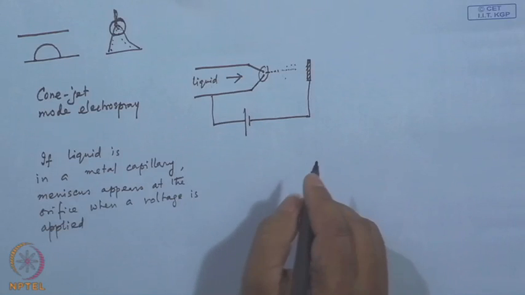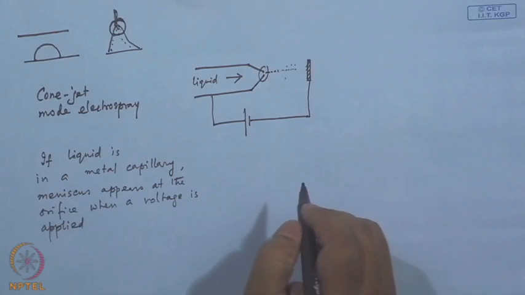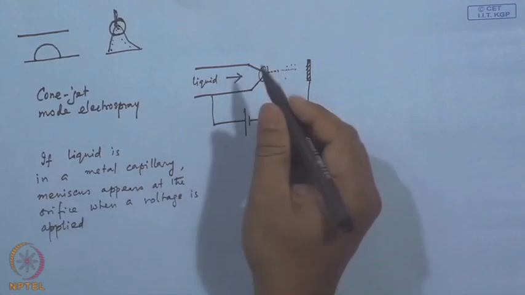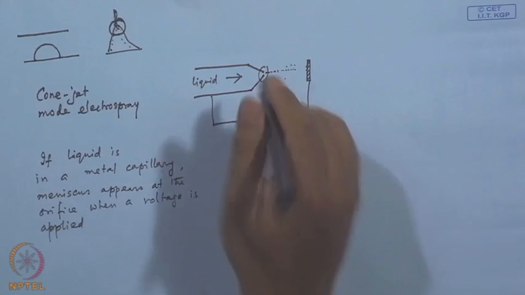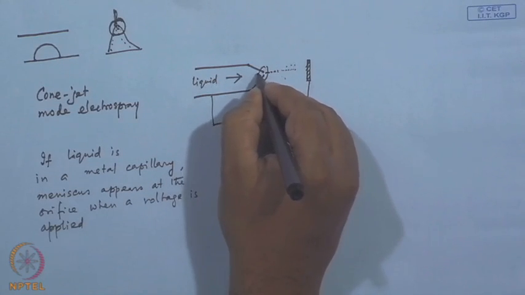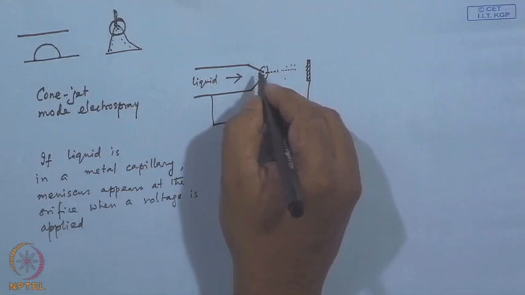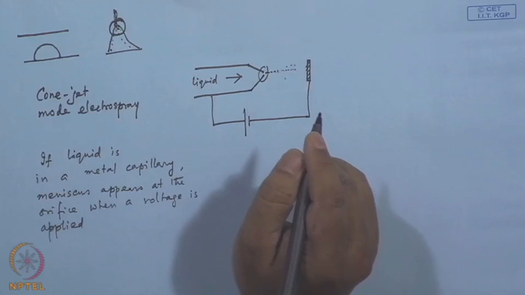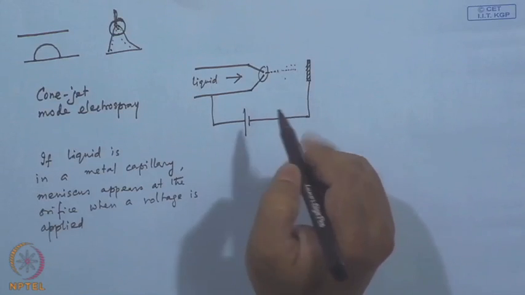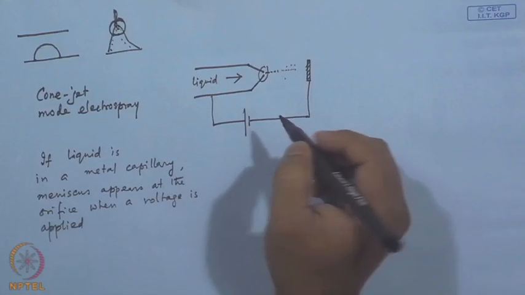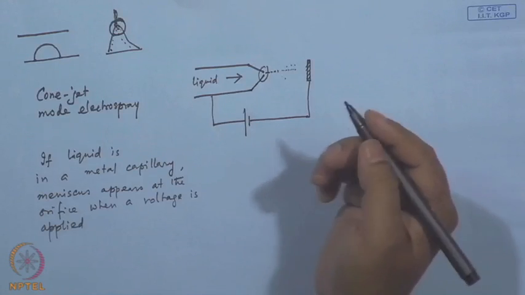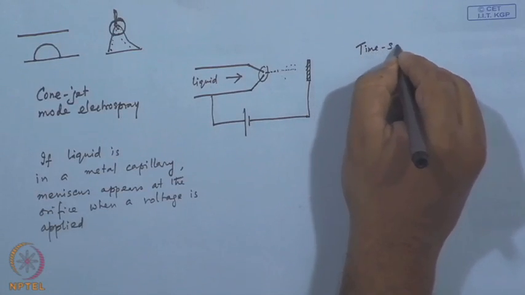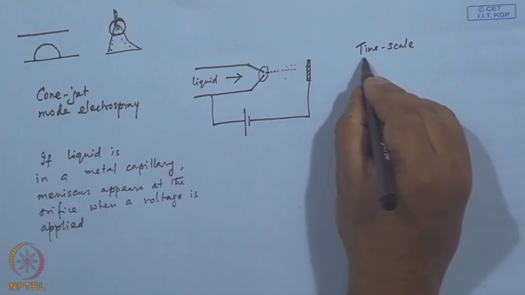What we will see at this point is that there will be a double layer forming here, and what is important is something called a time scale. In this operation, it is important to look into the time scale.